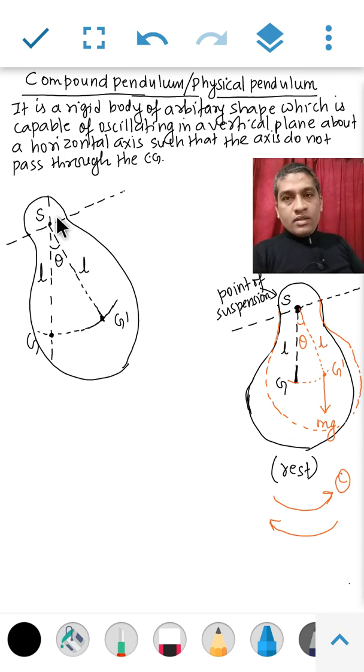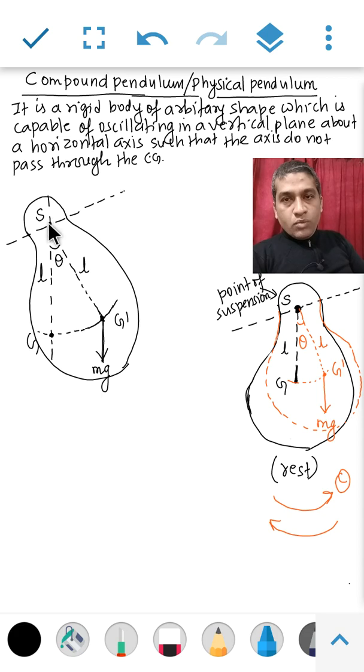Now as I said earlier, the restoring torque comes into play, and the restoring torque is due to gravity, or is due to this force, that is mg. Now there exists a torque and we need to find the torque.